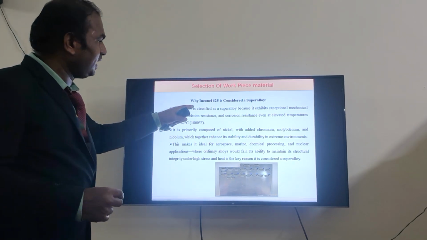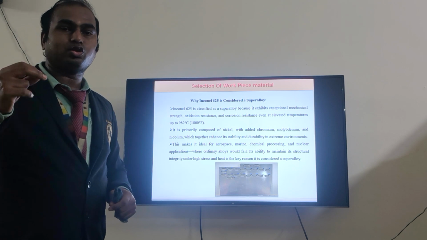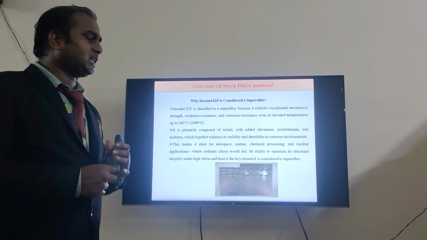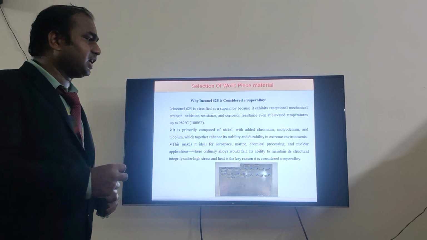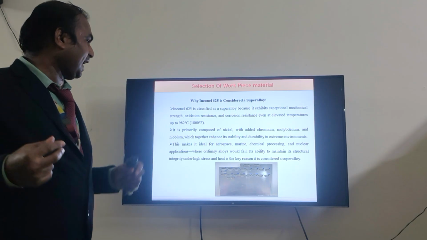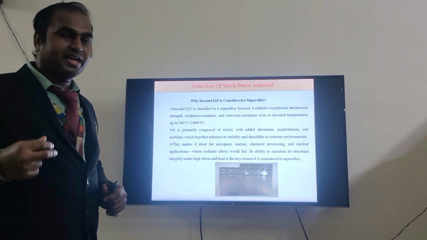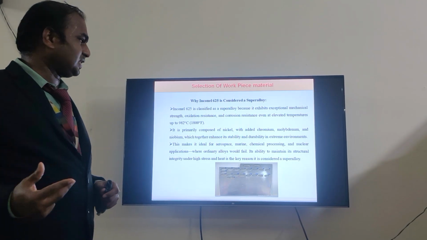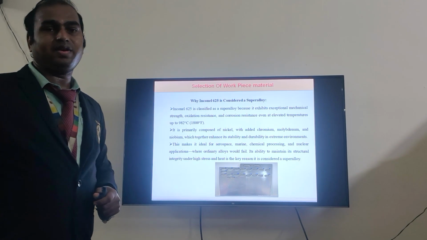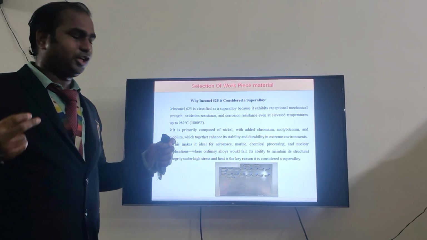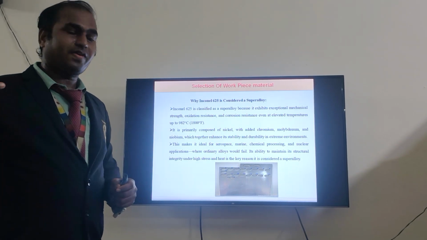So why is the Inconel alloy called a superalloy? Inconel alloy is classified as a superalloy. Basically, it exhibits very good mechanical properties, strength, oxidation resistance, and corrosion resistance, even at very high elevated temperatures, up to 892 to 1800 degrees Fahrenheit.